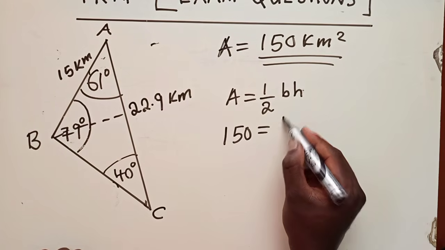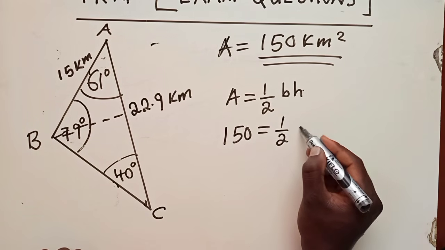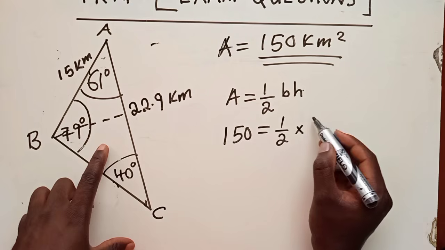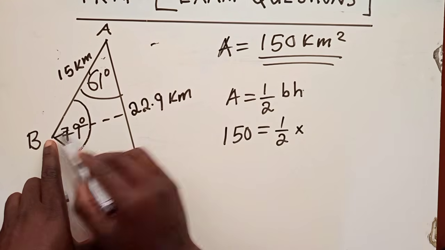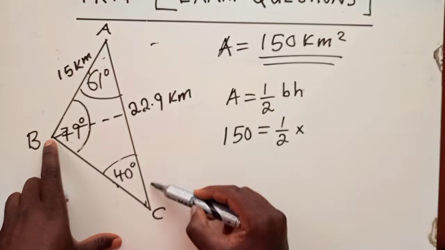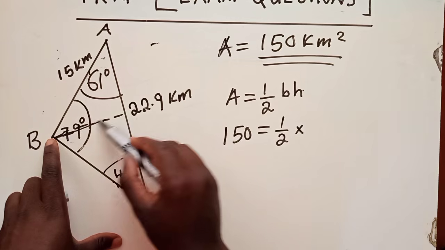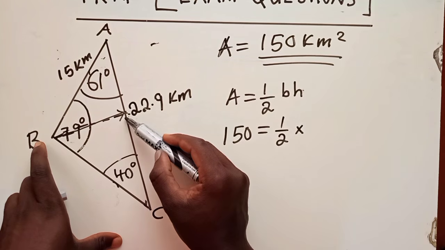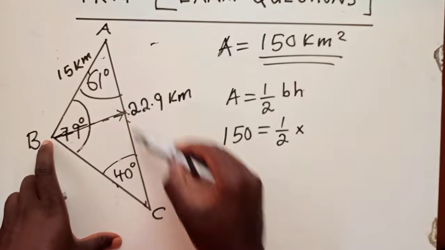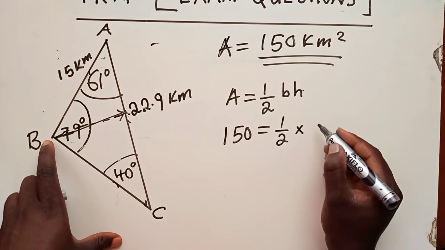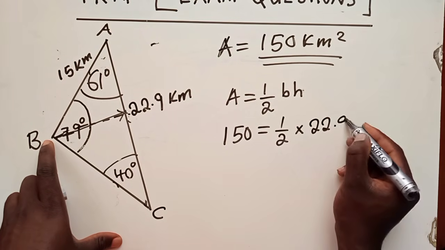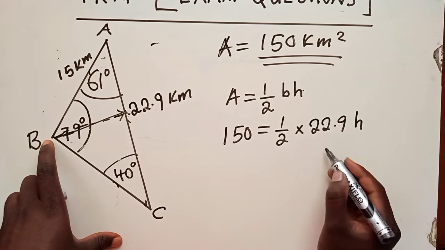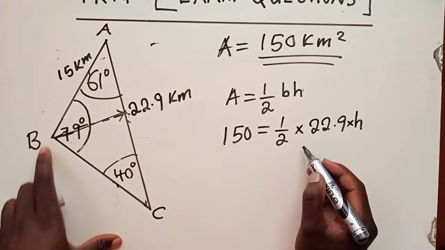So we'll write 150 equals 1 over 2 times the distance, or the side which is being touched. You see, it's passing like this. So the side which is being touched from B to AC. So AC is the distance that we need, which is 22.9, times h. So we work out things.